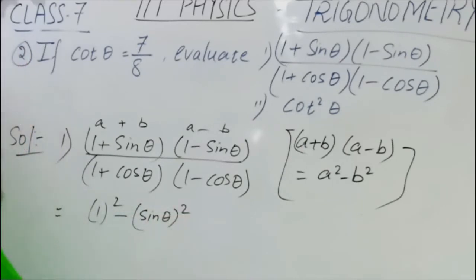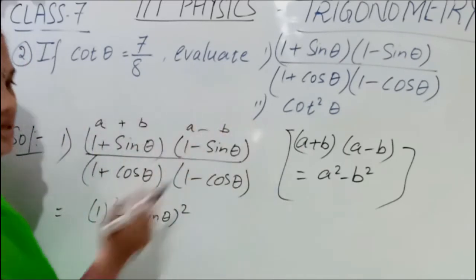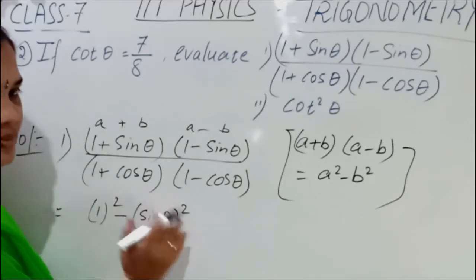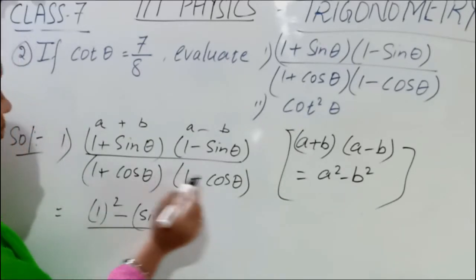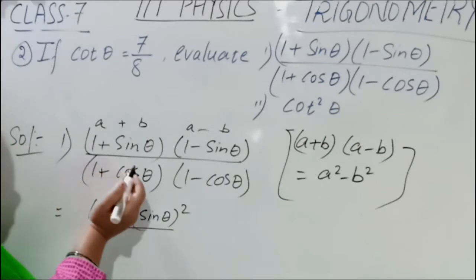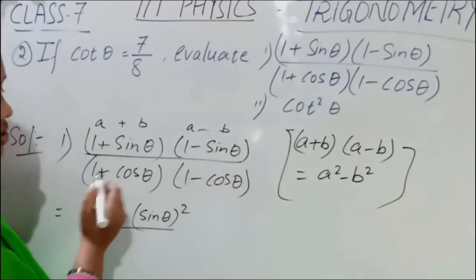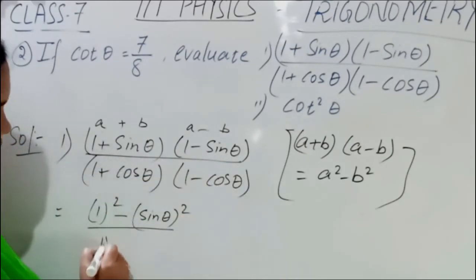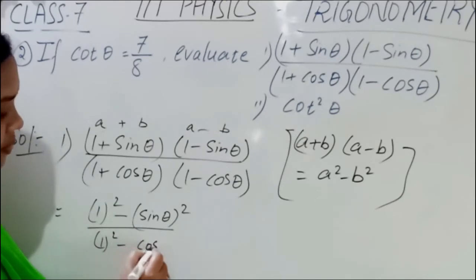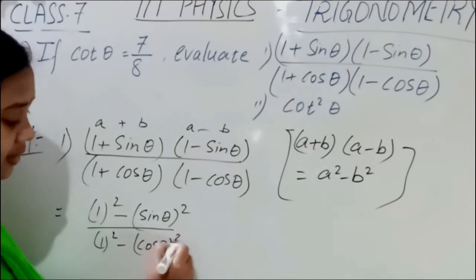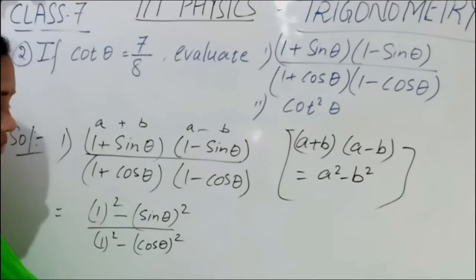Okay. (a plus b) into (a minus b), a square minus b square. Same in the denominator also you see, (a plus b) into (a minus b), a square minus b square. 1 square minus b square. What is b here? Here b is cos theta. Clear children?